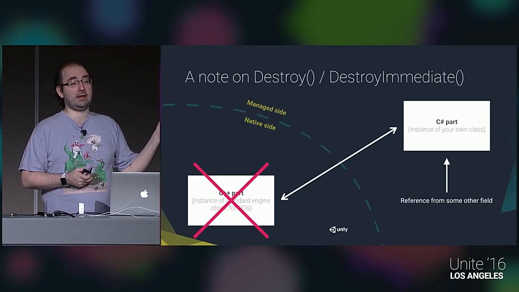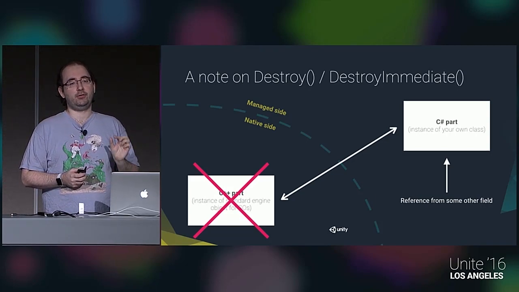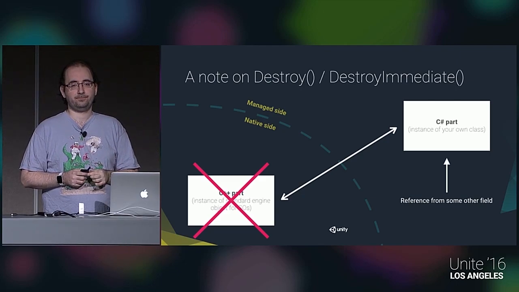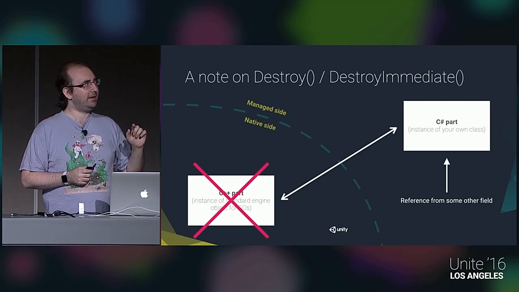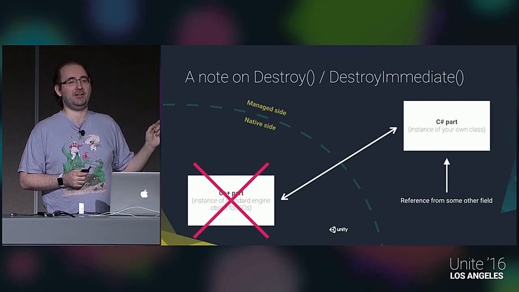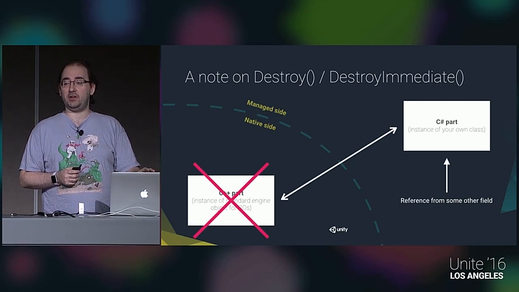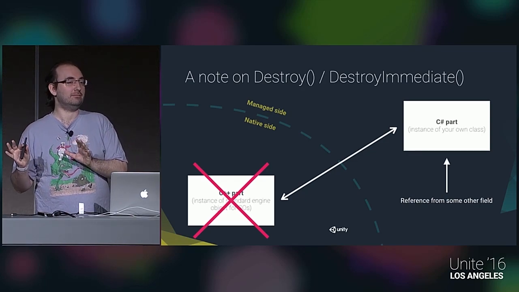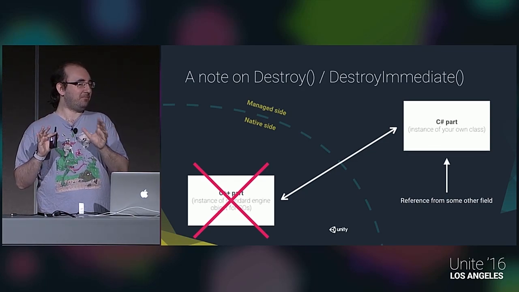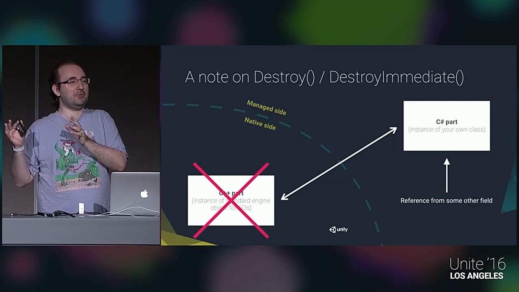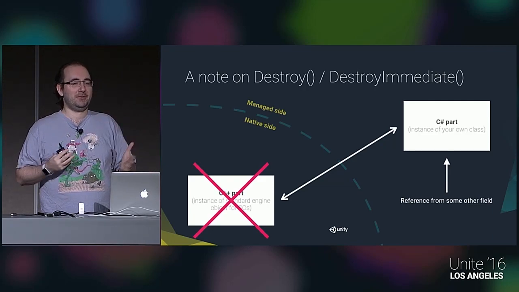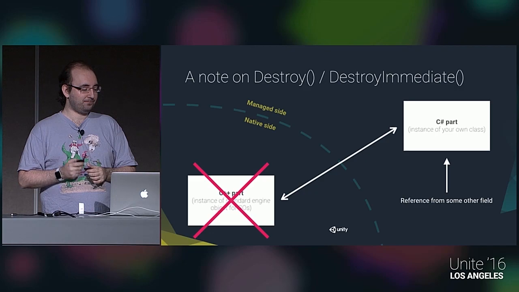So when you're destroying things, it's a good idea to also null out the references that you've got. And don't be mistaken into thinking that if it appears to be null, then it is null. That's another thing that we do in Unity: if you've destroyed the C++ part of the object, we will pretend it's null. This can make for some nice things, but it also leads to some horrible problems. So be aware of that one.